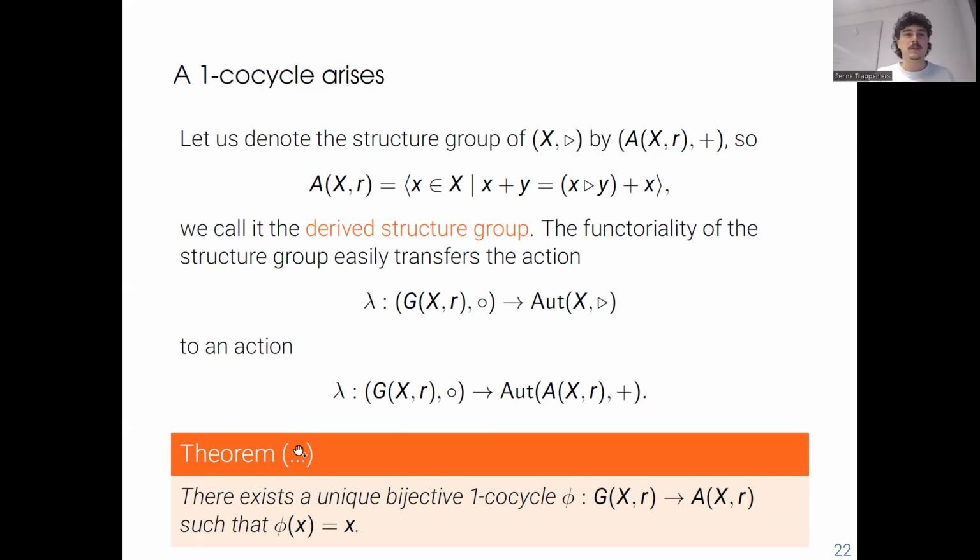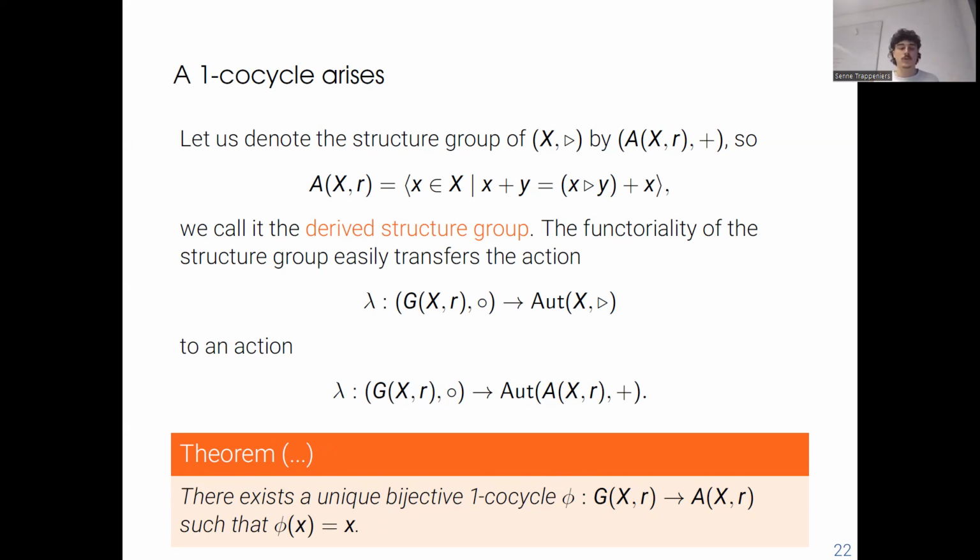The authors disappeared here, but this is mainly by Etingof, Schedler, and Soloviev. They proved that there exists a unique bijective one-cocycle, so from this group to this group, such that, well, recall that this group is generated by the set X. This group is also generated by the set X. So this one-cocycle satisfies that f(x) is x. So generators are mapped to themselves.